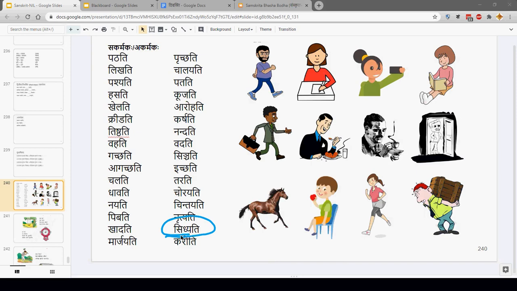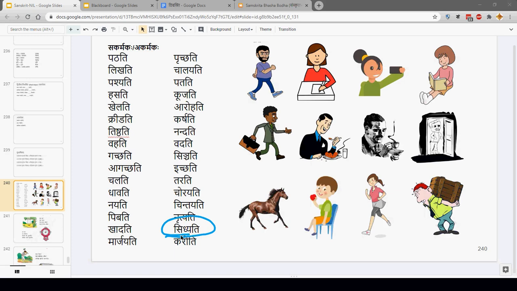Come into existence, something like that. So that will be intransitive. No, actually, Siddhyati means to achieve something. It means achieve, something. So that would be transitive then.